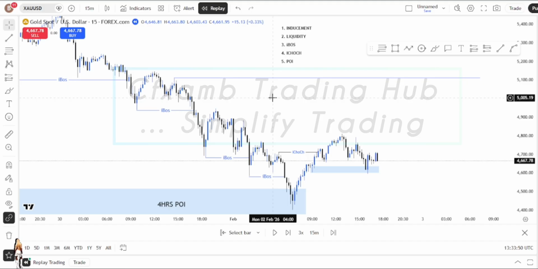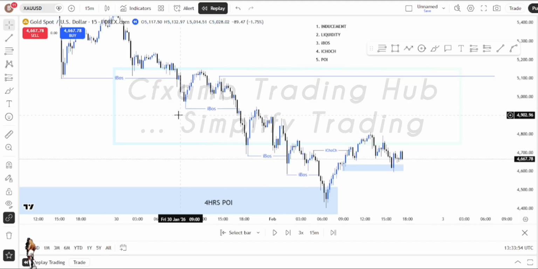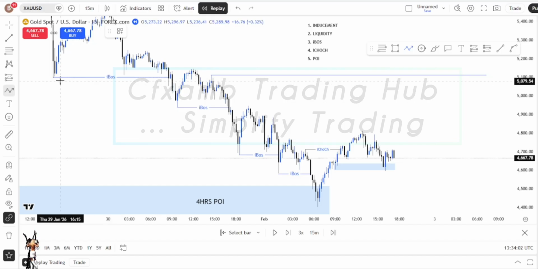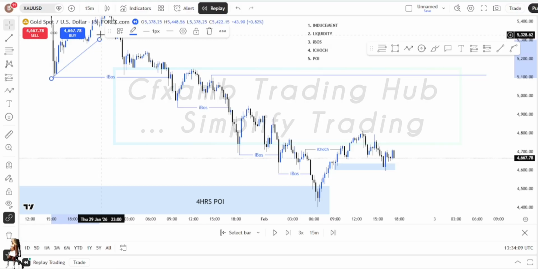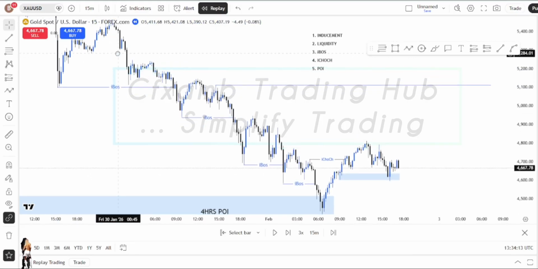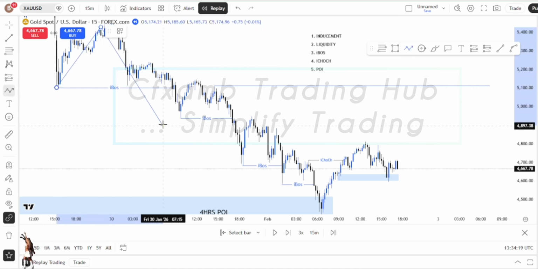If you look at this chart very well, currently we are bearish on this 15 minutes time frame. If you look very well, the market is doing something like this: lower low, lower high.